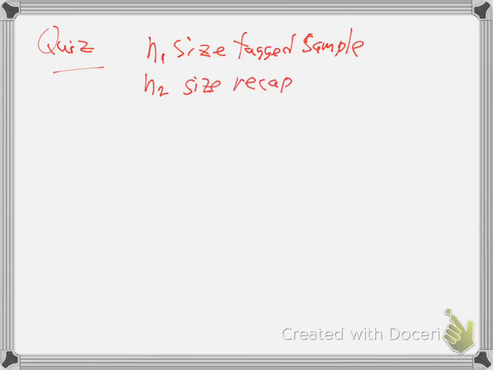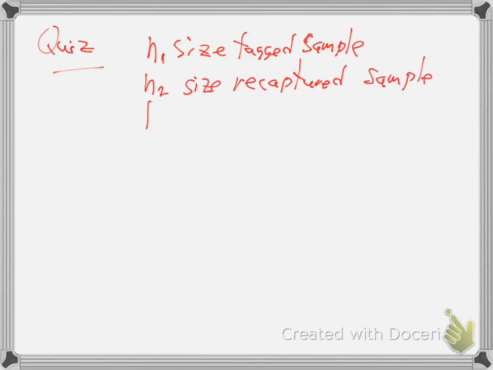Okay, so basically it said N1 is the size of the tagged sample. And what did it say? N2, the size of the recaptured sample.